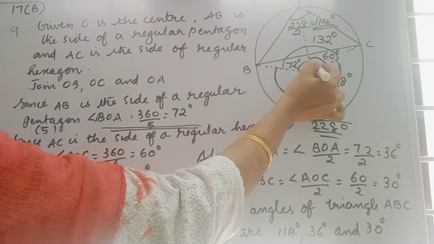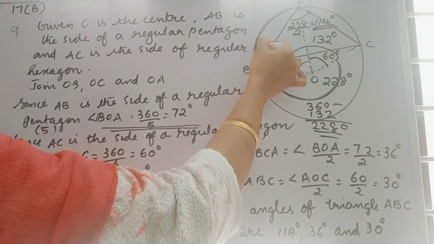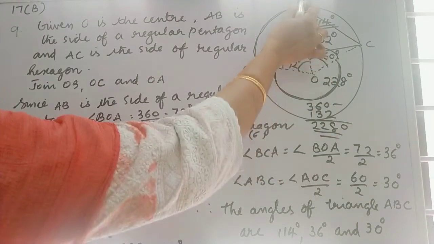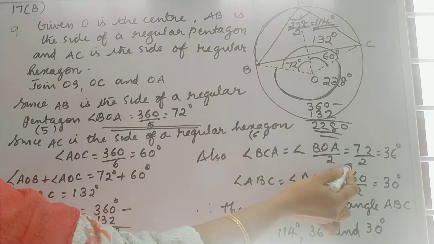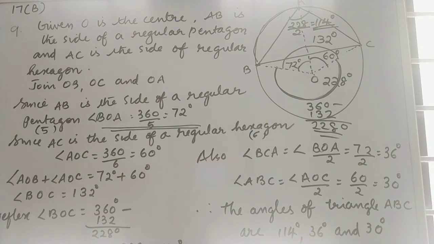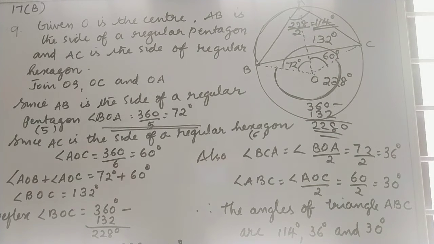What about BCA? Same segment AB. BOA we got as 72. Then BCA will be 72 divided by 2, as BOA is a central angle. Same reason we can apply here. So BCA is equal to angle BOA divided by 2.